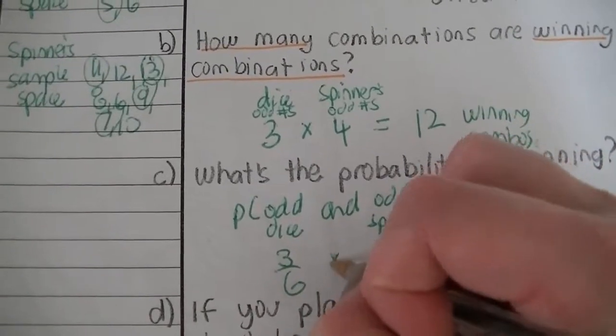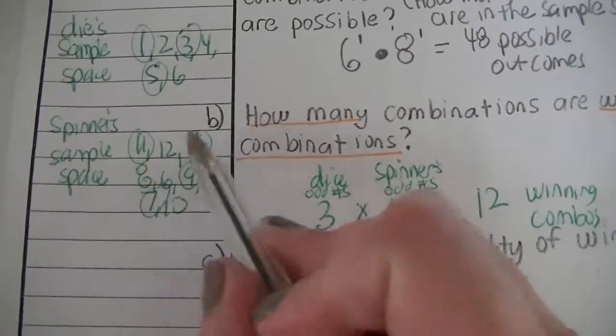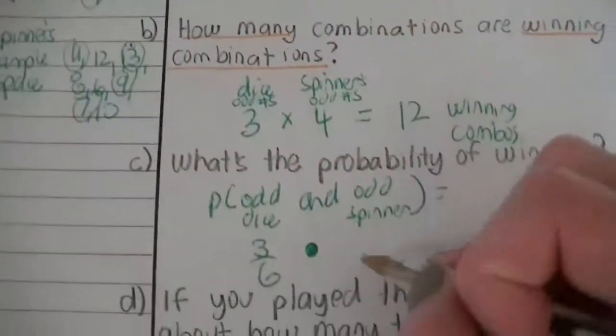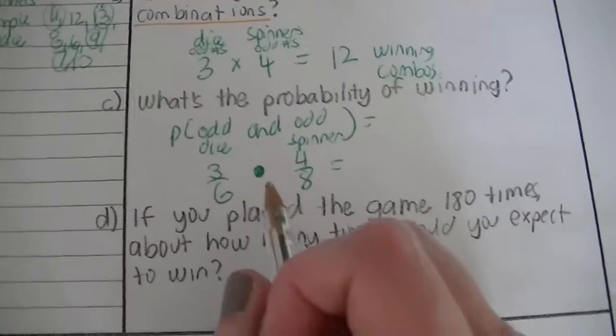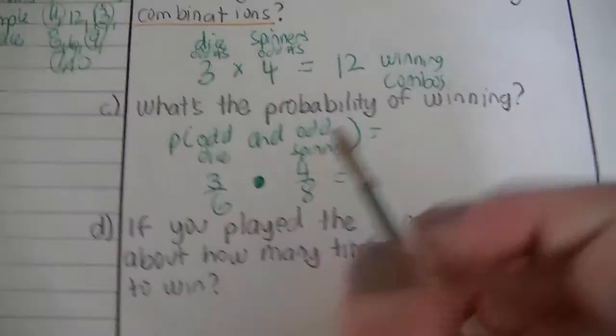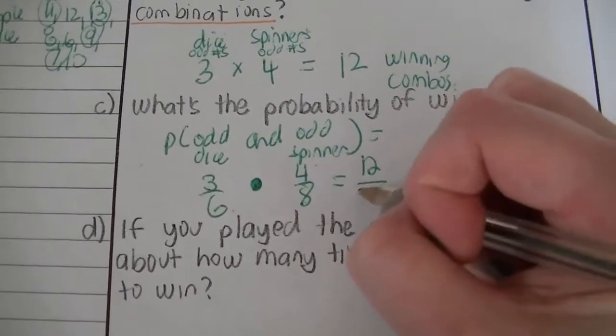And means multiply. And the probability of getting odd on the spinner: 1, 2, 3, 4, so 4 out of the 8. You have 2 fractions that you're multiplying, so you go straight across. 3 times 4 is 12. 6 times 8 is 48.